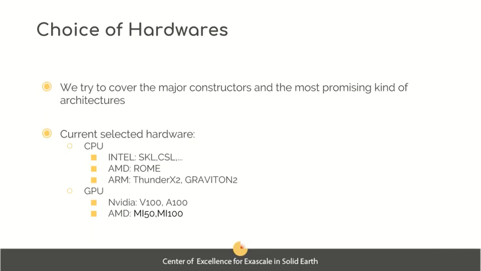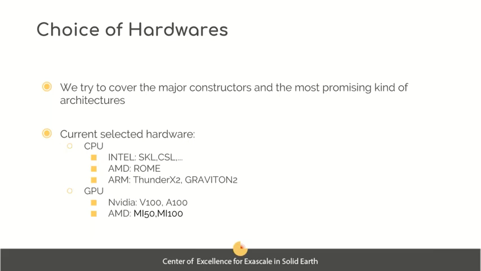For the hardware side, we are trying to cover major constructors and the most promising kinds of architecture for exascale supercomputers. So we are currently aiming to have results before the end of Q1 on the following architectures.